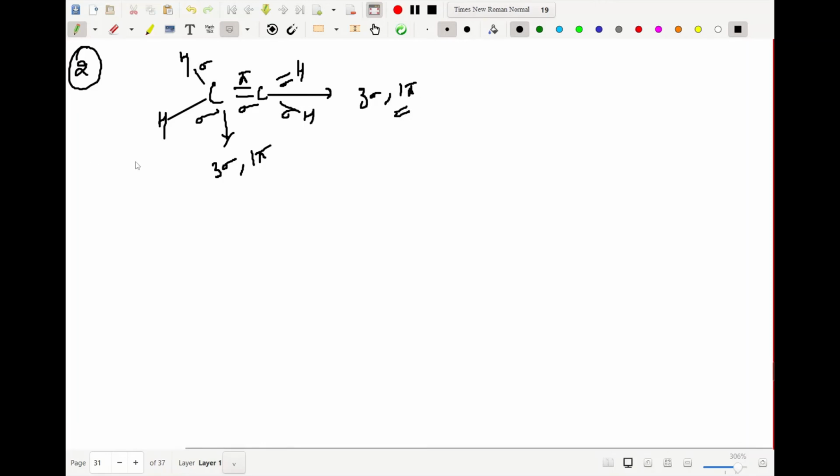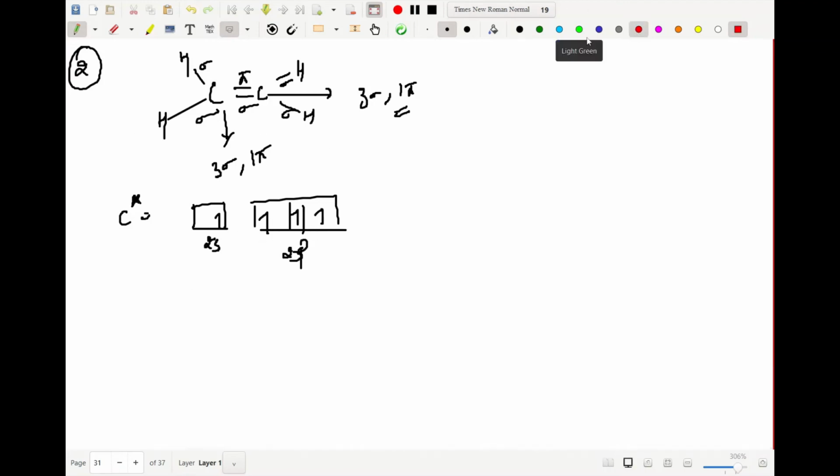Now I directly write the excited state electronic configuration of carbon, which is this, 2s and 2p. Now I will only look at the sigma bonds, because hybridization only happens for sigma bonds, since pi bonds cannot be formed by hybridized orbitals because of their sideways lobes.